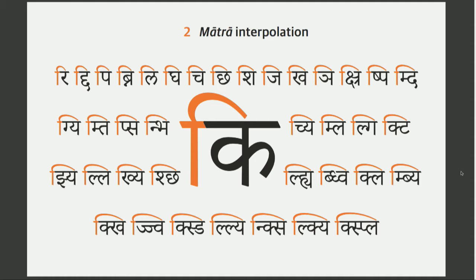This in orange is the ikar, the short i vowel sign in the Devanagari script. And it has a number of interesting characteristics, one of which is, Devanagari is a left to right script. Phonetically, the vowel follows the consonants, but it's actually written to the left of them. So that's why it's on the left. And then it's got this arch.